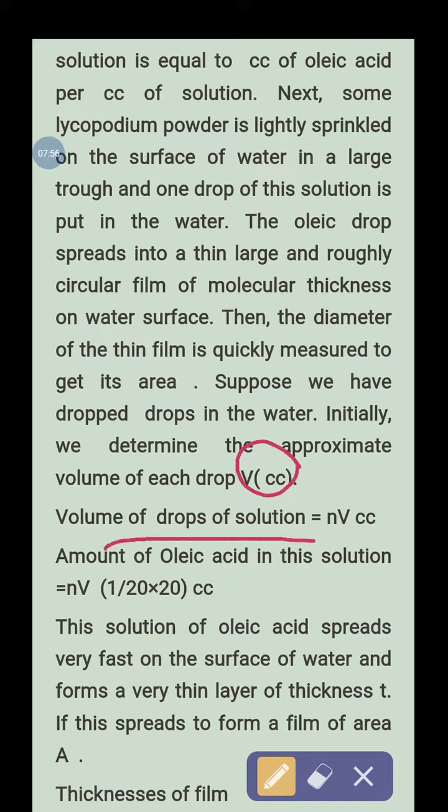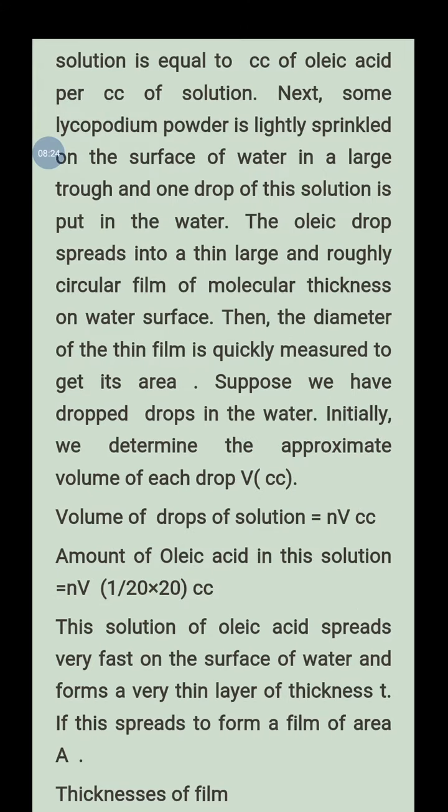Then we measure the number of drops n, and so the total volume is nV. Then the amount of oleic acid in this solution is given by nV into 1/20, as the concentration is 1/20.